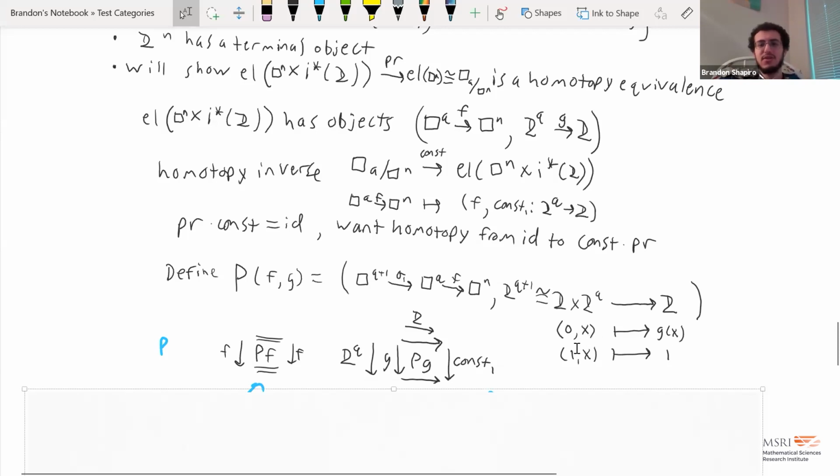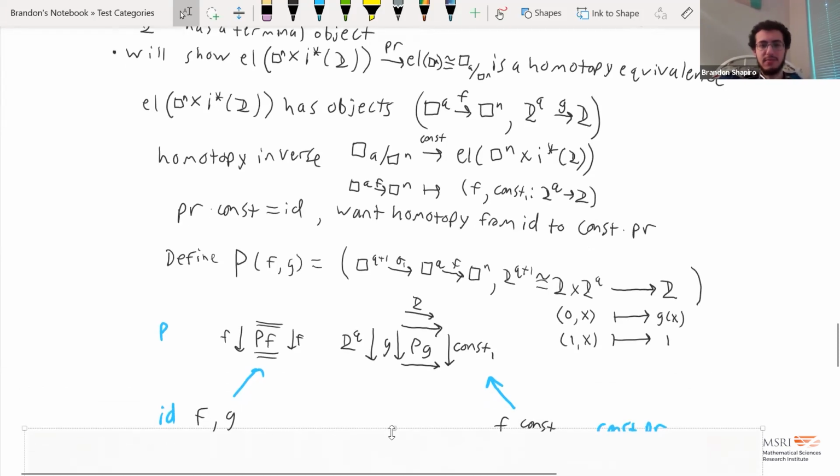And if the first component is 1, then that side of this hypercube looks like the constant map. And so we get the same kind of picture as before, where we can define this homotopy, so to speak, from G to a constant. Before it was only constant in one dimension, but now we can be a bit more forward.